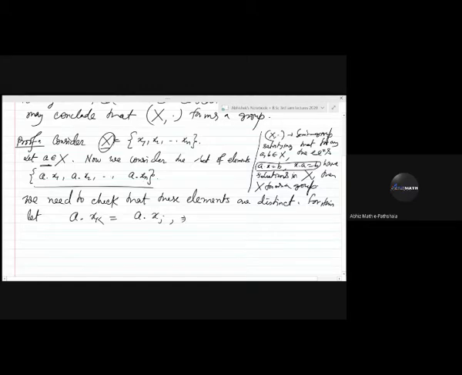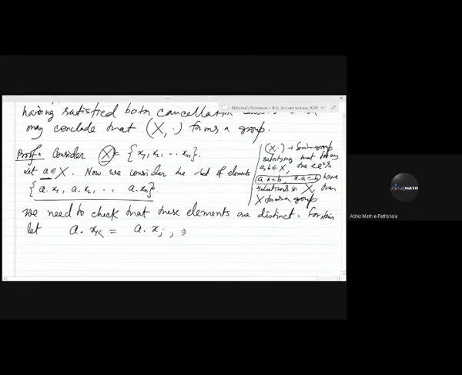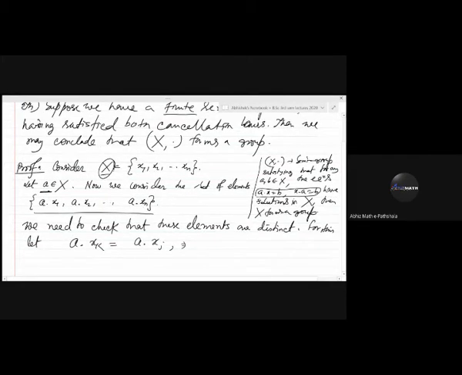Then, you have assumed that this semigroup satisfies cancellation laws, right? So this equation will imply that you can cancel out this a from both sides just using the left cancellation law, and so this implies xk equals xj.